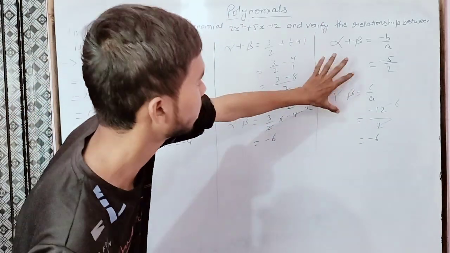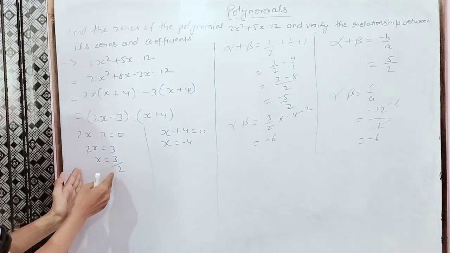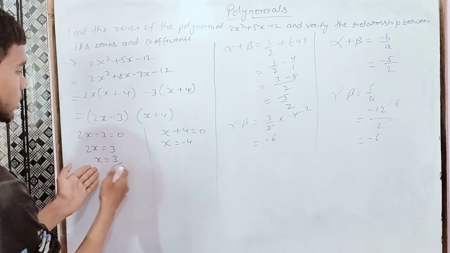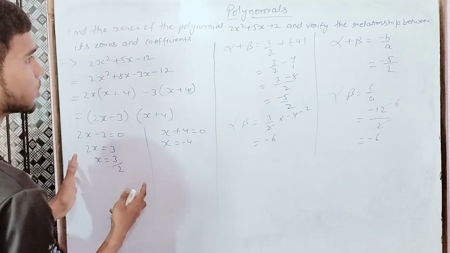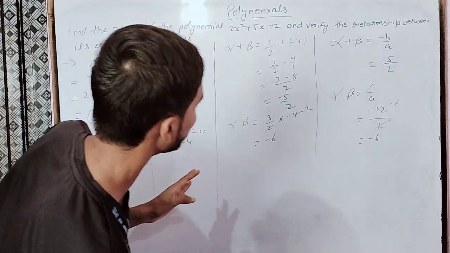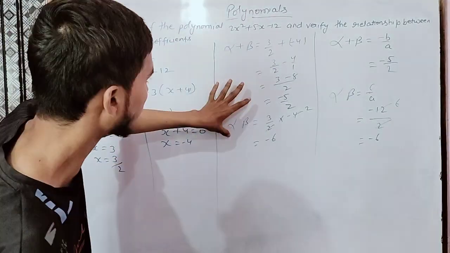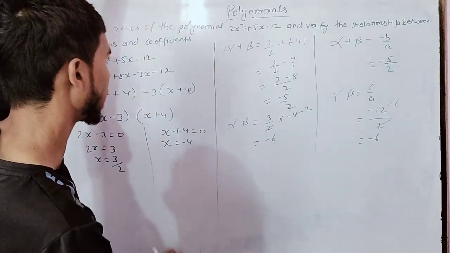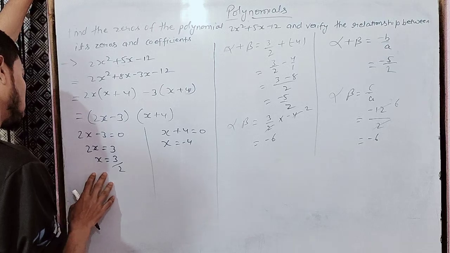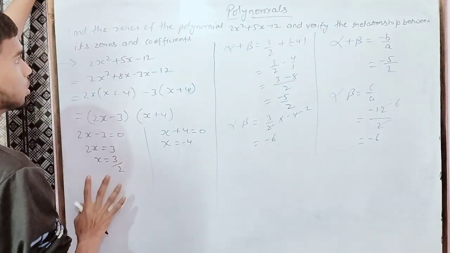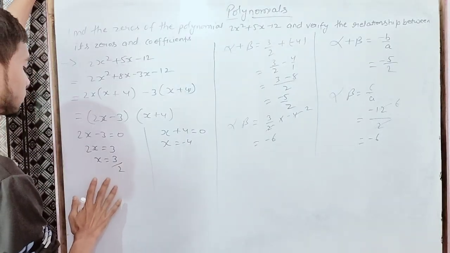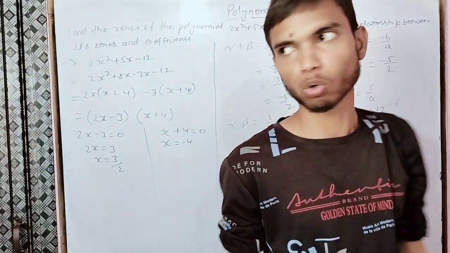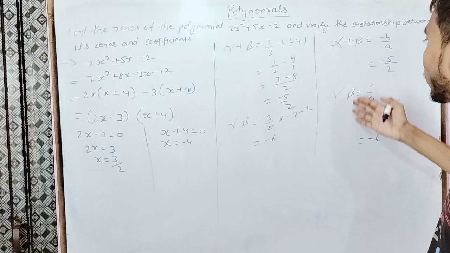If you want this method, then you don't need to find the zeros. But if you are solving the polynomial by using this method, then you have to find the zeros of the polynomial. According to need, you will use this method or that method.